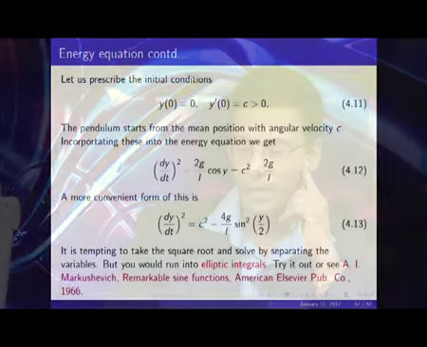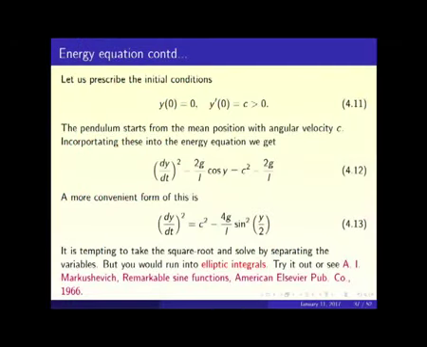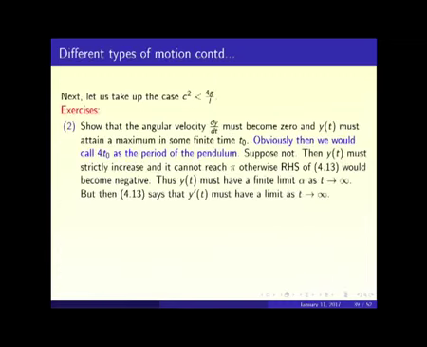And then the right hand side of 4.13 will become c squared minus 4g by L, but c squared is less than 4g by L, remember? So the right hand side of 4.13 has become negative, but the left hand side is a square, and that's a contradiction. So that cannot happen.